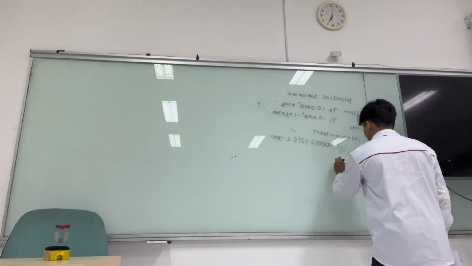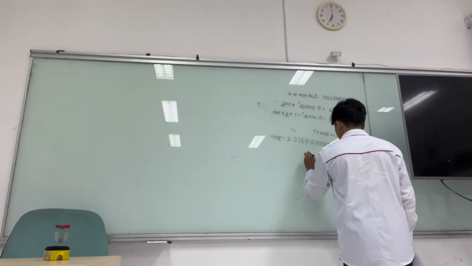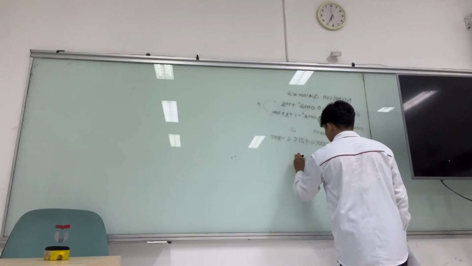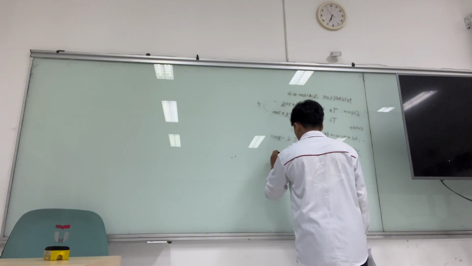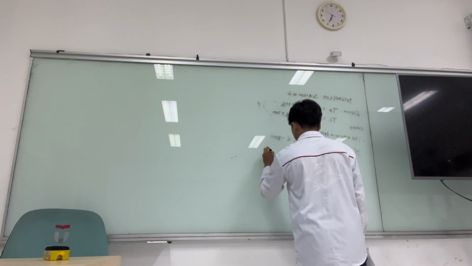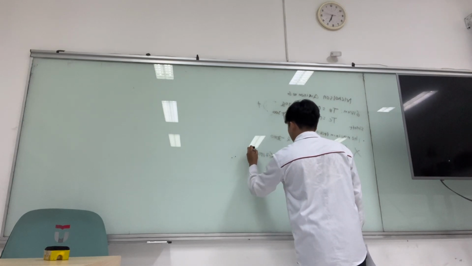So it will become minus 0.005 times 2,150 squared plus 21.5 Q, minus 3,000.